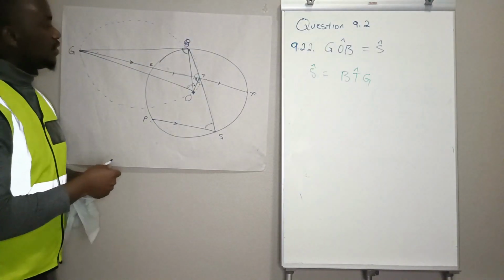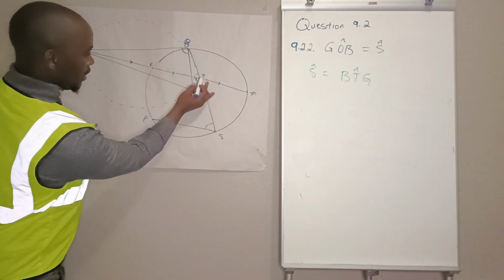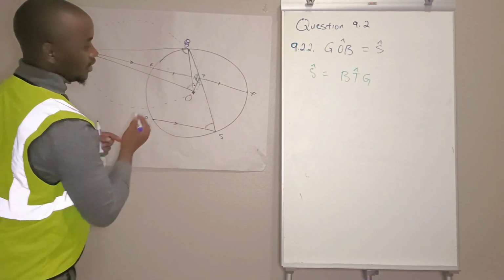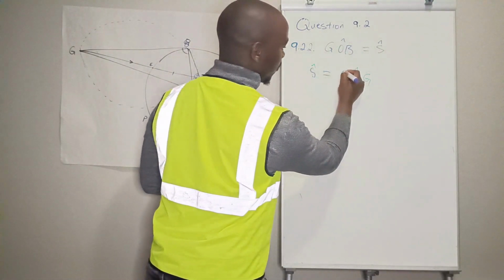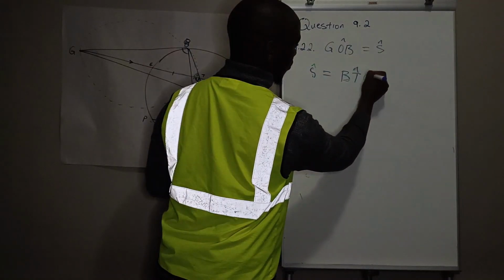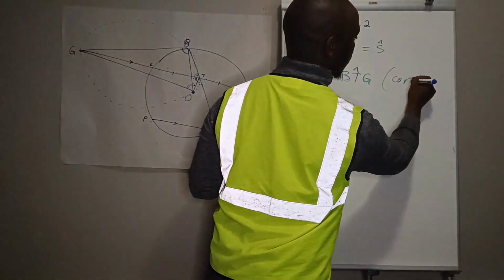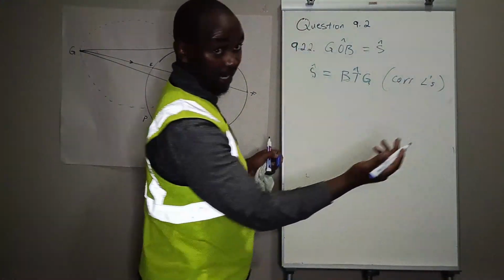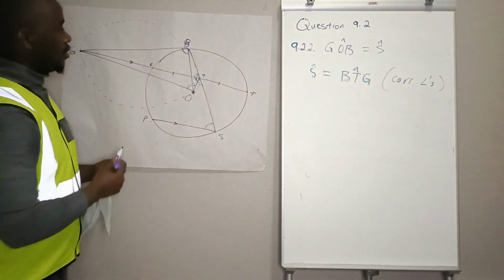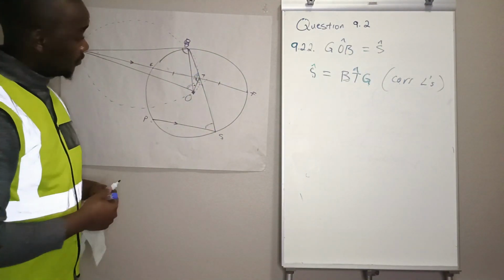So angle S is equal to angle BTG. So it's equal to this angle in here. Hopefully you can see this. And the reason is corresponding angles. So BTG is equal to angle S, corresponding angles.